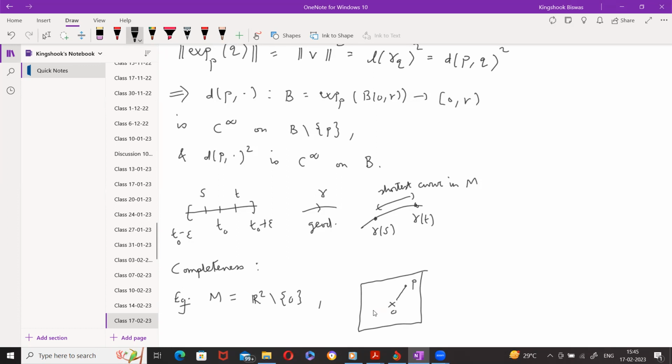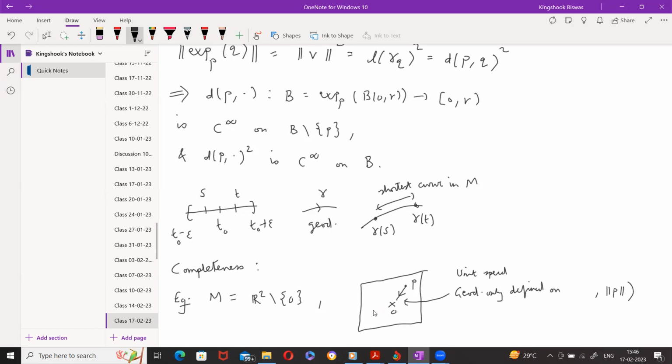So if I take it to be of unit speed, then this unit speed geodesic is only defined, if I take it going this way, up to time norm P, right?